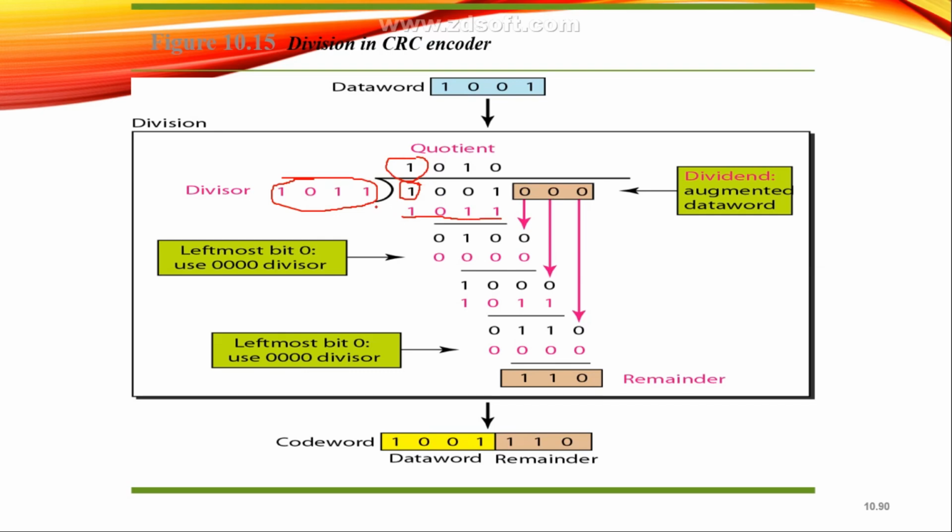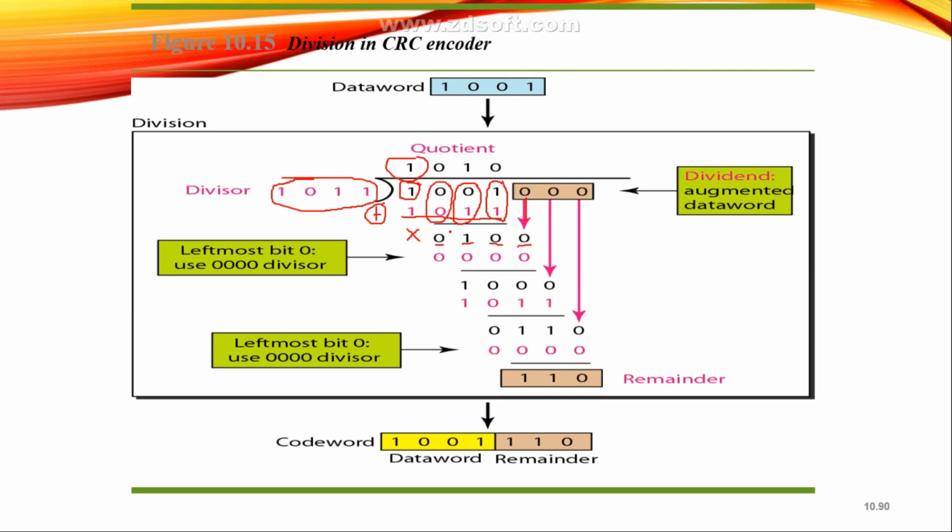Now you have to perform the XOR operation. As you know, for XOR, since 1 and 1, the 2 bits are the same, the output is 0. Now 0 and 1, the 2 bits are different, so the XOR is 1. Similarly, the XOR of these similar bits is 0, and as this is discarded now, its value is 0.